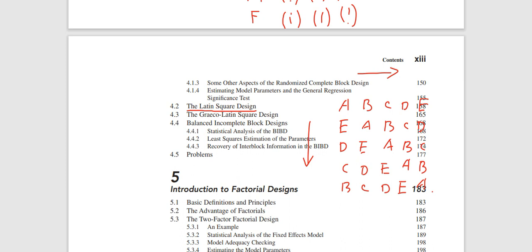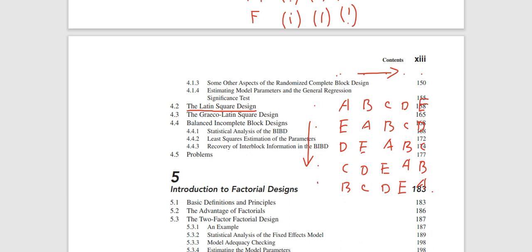Suppose we want to compare 5 drugs, and A, B, C, D, E stand for the 5 drugs. We test each one in each position. For this factor we have 5 levels, and for the other factor we also have 5 levels.